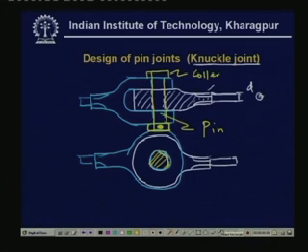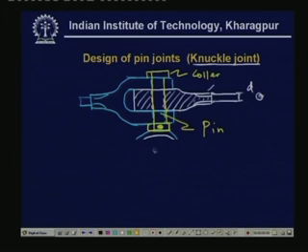So let me erase the bottom part and explain the purpose of this knuckle joint. Here what we see is a joint. There are two rods which are connected together.